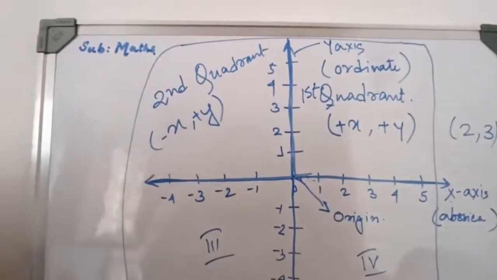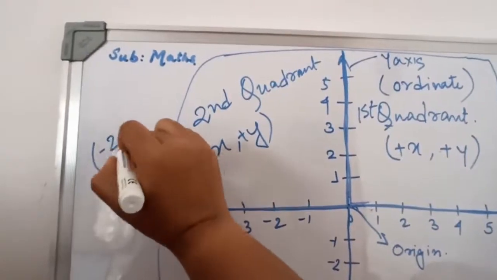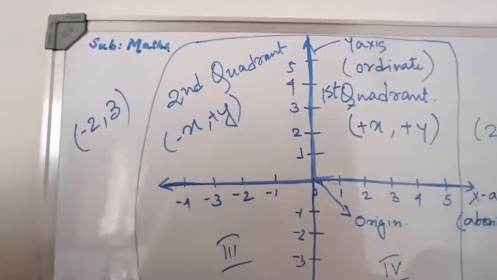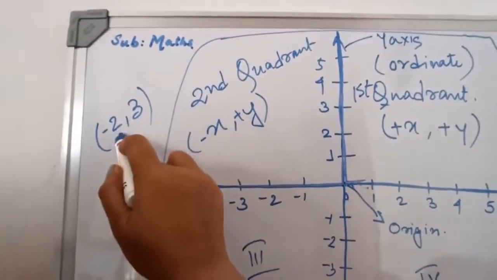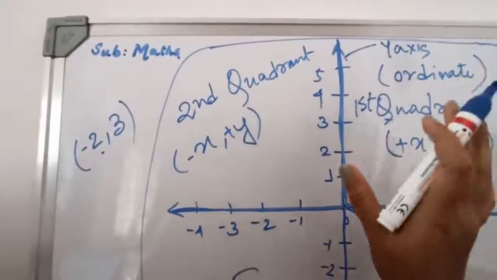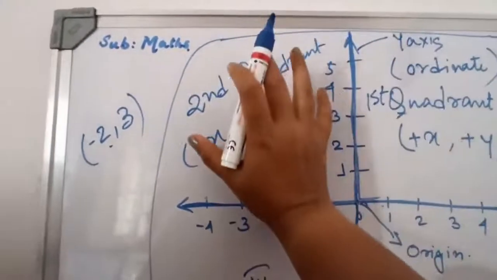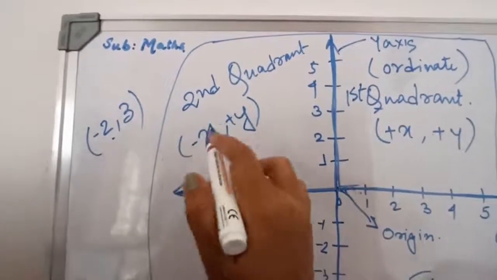So if I give you a point like -2, 3, then you will understand that the x portion is negative and the y portion is positive, so my point will always be in this block.